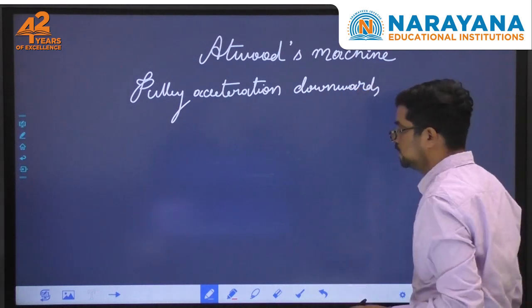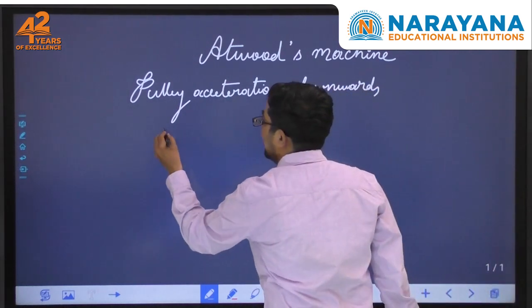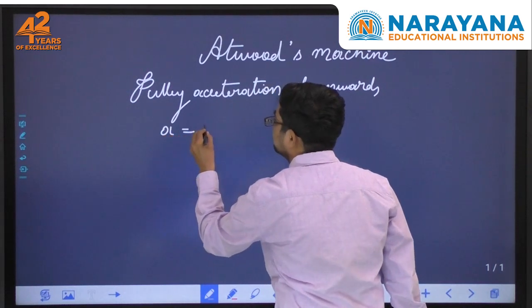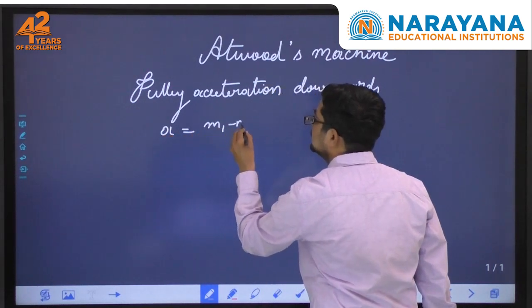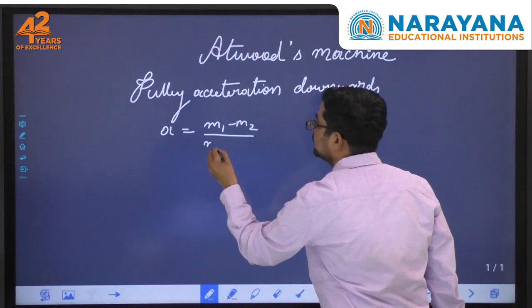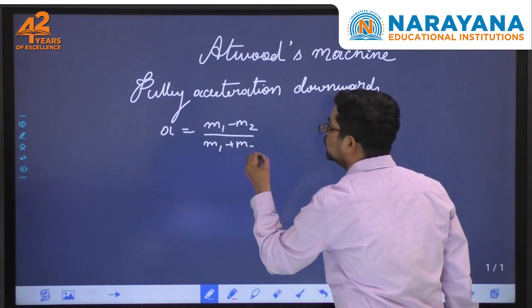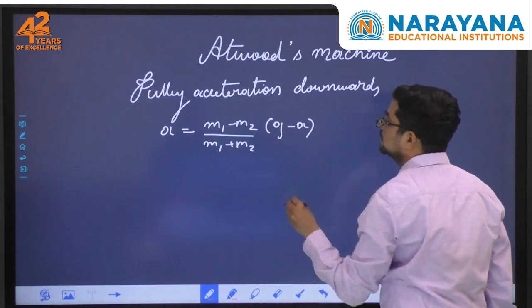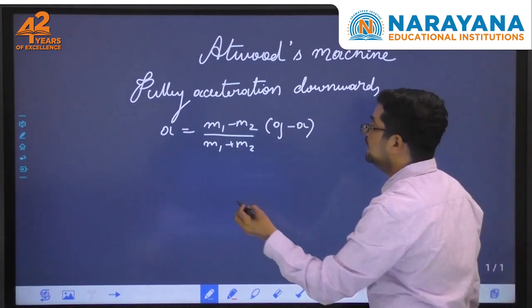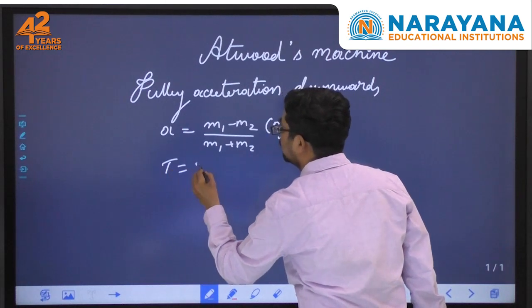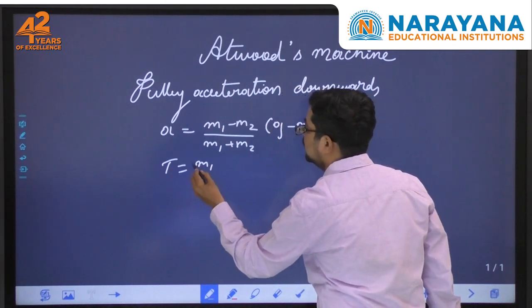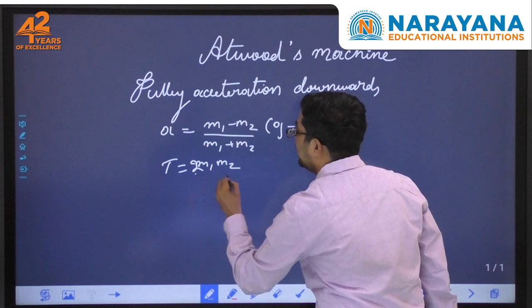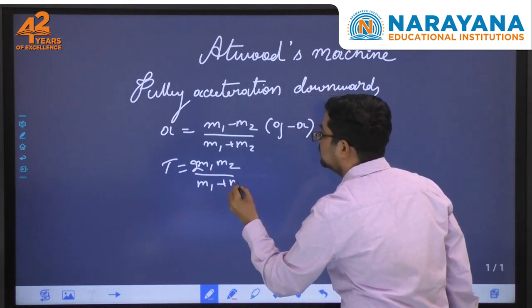Now, in this case, acceleration is equal to (m1 minus m2) by (m1 plus m2) of (g minus A). In this we get g minus A. Similarly, the tension becomes T is equal to 2m1m2 by (m1 plus m2) of (g minus A).